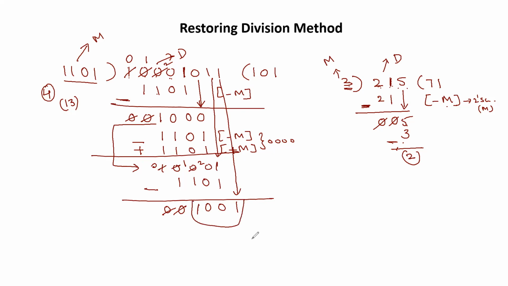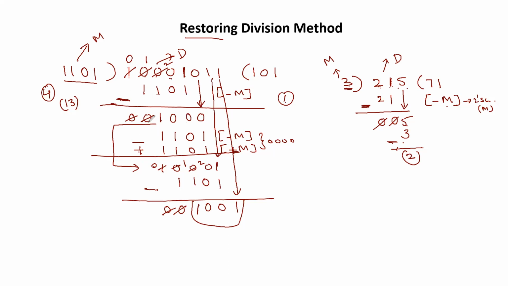This is the final remainder. So this is the method we use with the restoring concept. Understand? What we have observed in this division is that every time in the partial division, we are performing subtraction of the divisor. Subtraction of the divisor means we are adding the dividend with the 2's complemented value of the divisor.